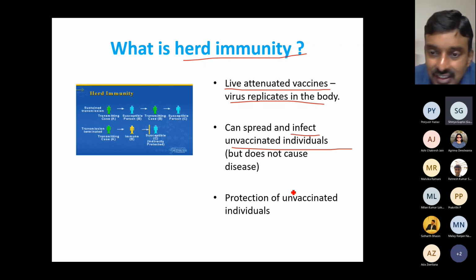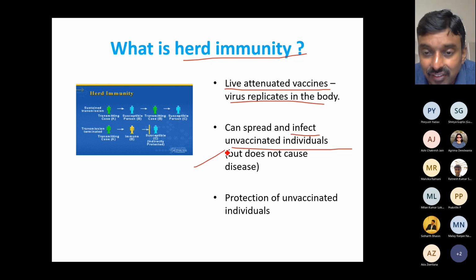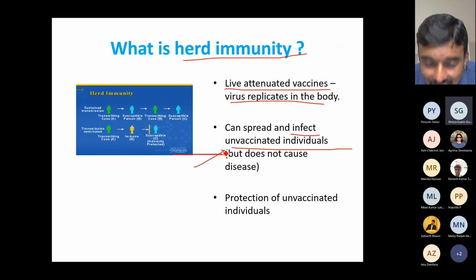if they keep getting this, you all know that once you get infected with poliovirus, I told you yesterday, the shedding in feces happens for a long time. So these children under 5 years of age who got vaccinated will be shedding the vaccine strain in their feces for months together. And then they get the second dose of vaccine if you missed it.